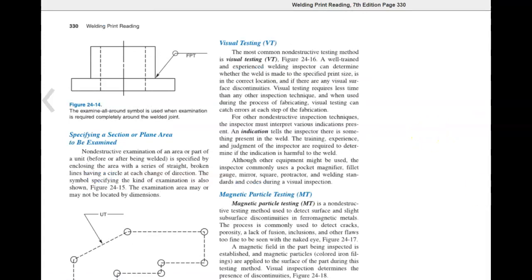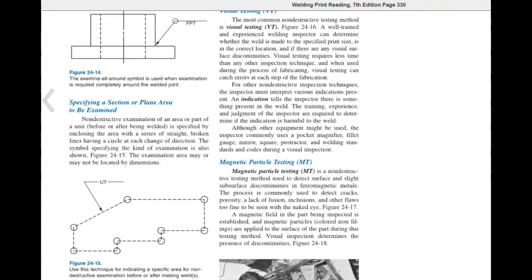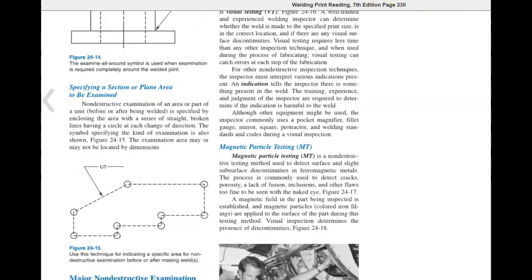Specifying a section or a plane area to be examined. Non-destructive examination of an area or part of a unit, before or after being welded, is specified by enclosing the area with a series of straight broken lines having a circle at each change of direction.